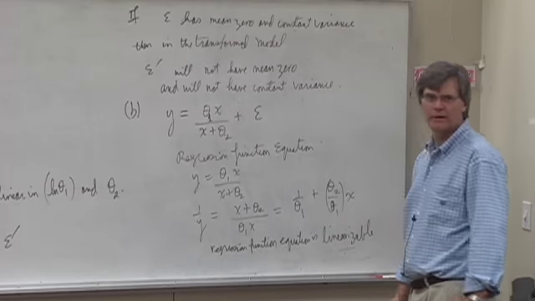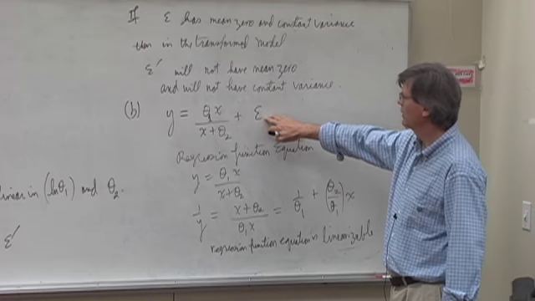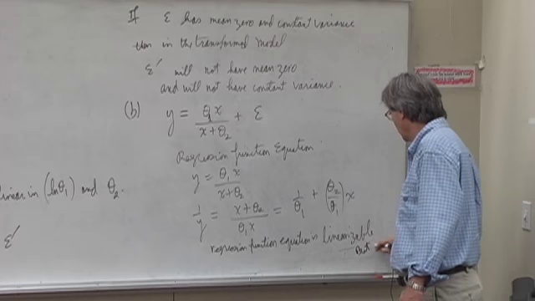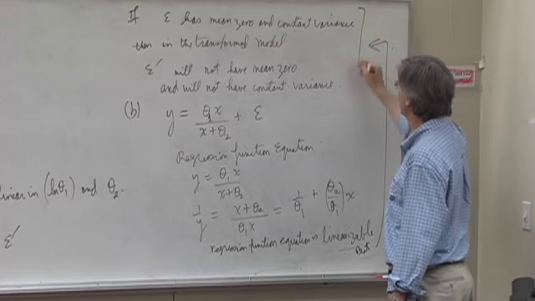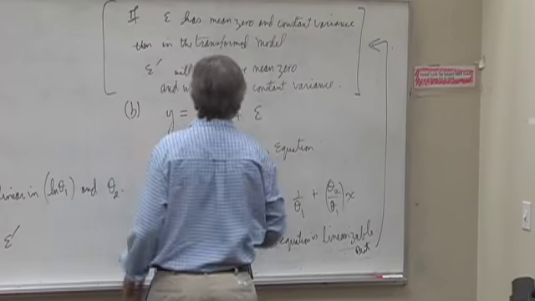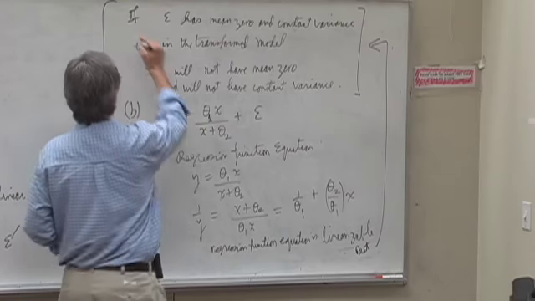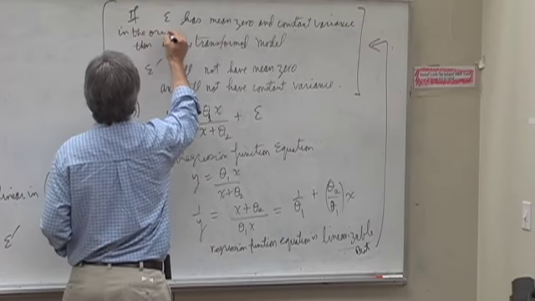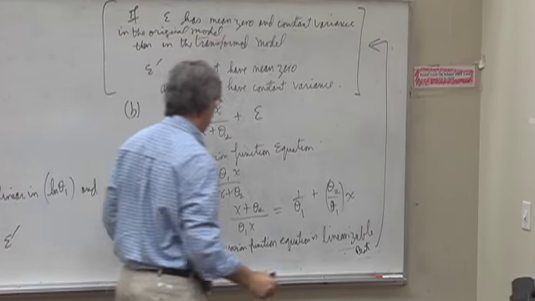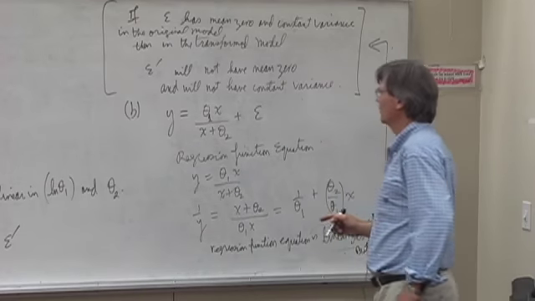But again, the conclusion will be the same. If epsilon has mean zero and constant variance in the original model equation, then in the transformed model, epsilon prime will not have mean zero and will not have constant variance.